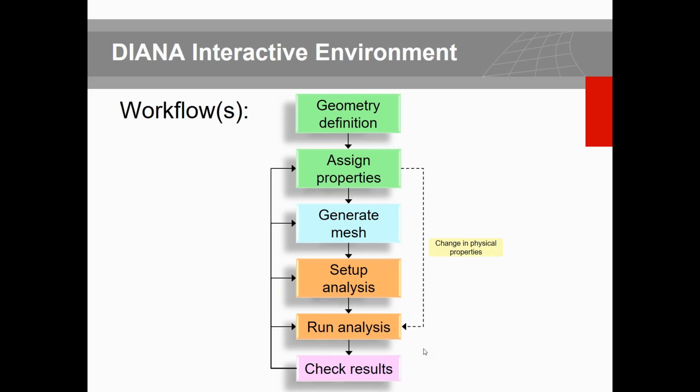The workflow that we have in Dana is based on the geometry. So mesh is kind of a secondary concept in Dana. Everything is set up at the geometry level: introducing and defining the model, importing or creating it, assigning the properties, loads, and boundary conditions. Then you generate the mesh, set up the analysis, and run the model.